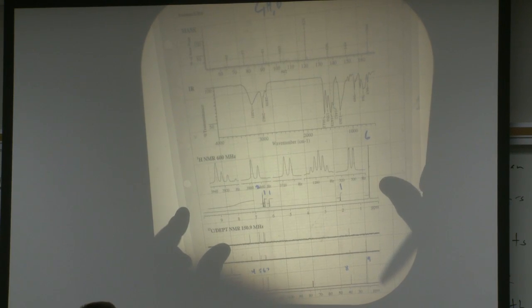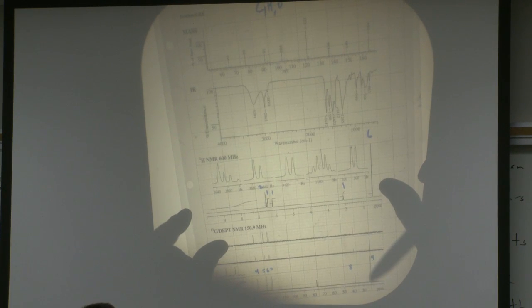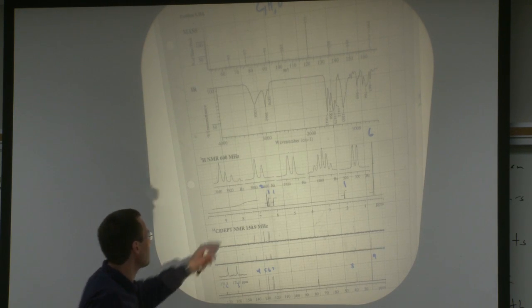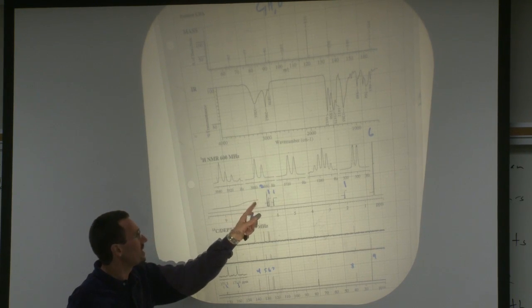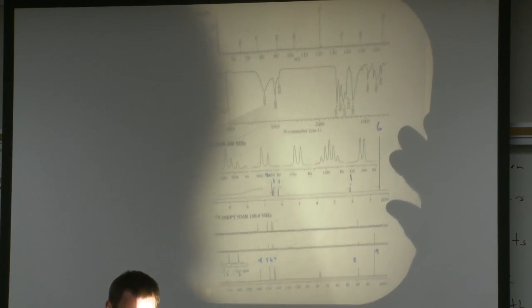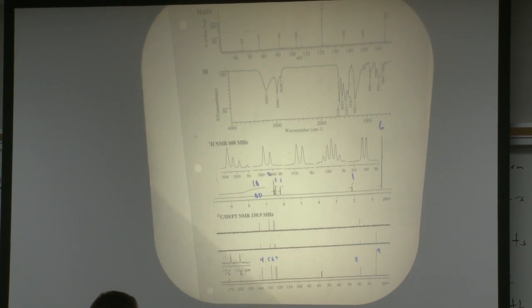OHs and the like are always hard to integrate. In part, they're often broad. Often the integrals aren't so accurate because phasing of your integral becomes really, really important. This has got to be some sort of OH over here. All right.